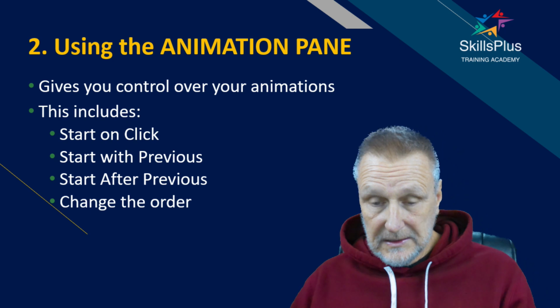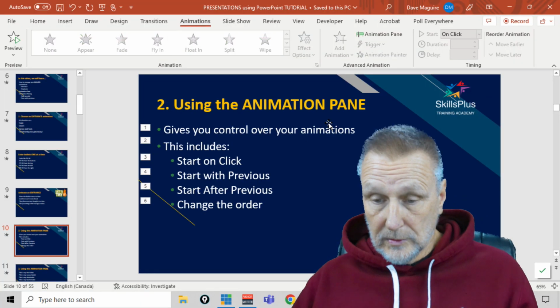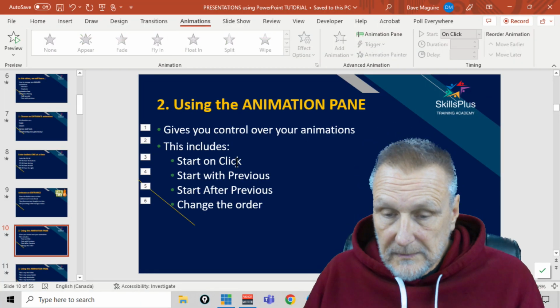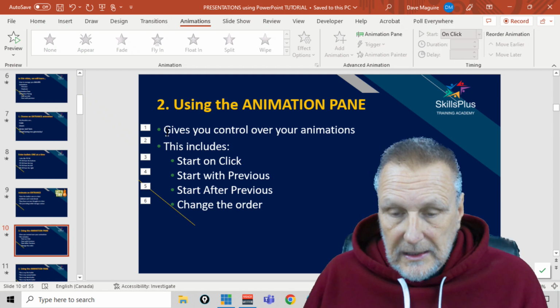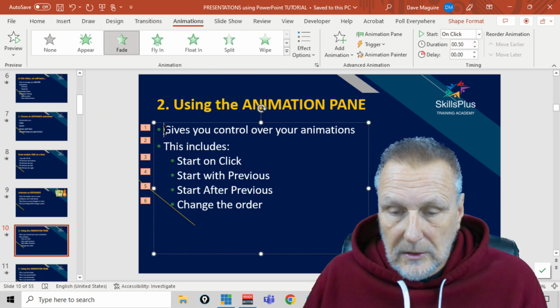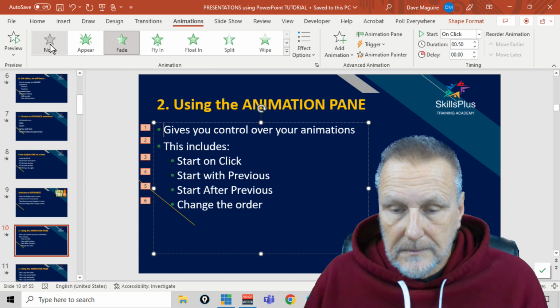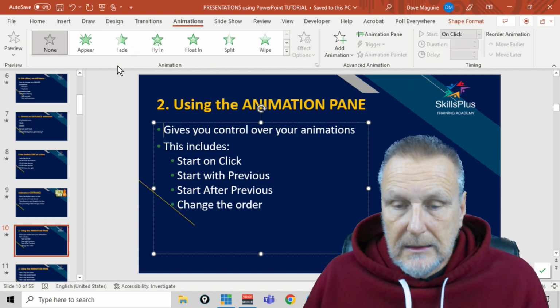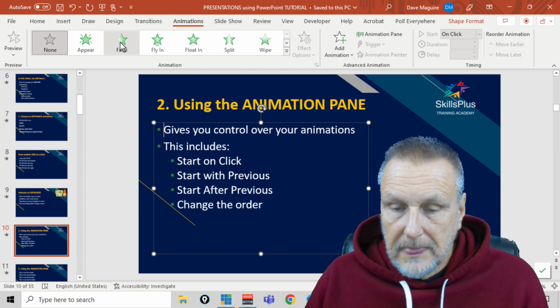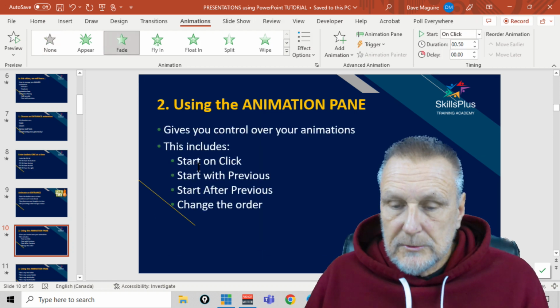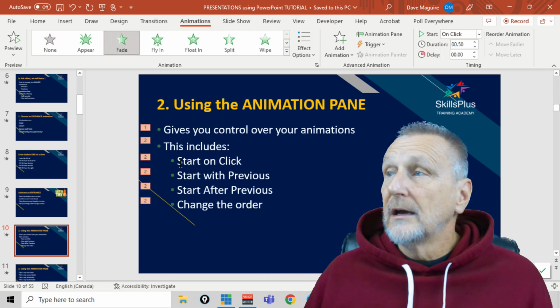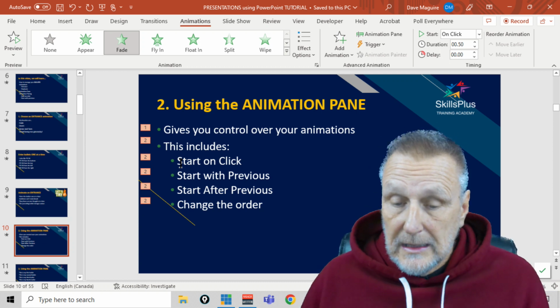So let me again leave my presentation and go to my workspace. So you'll see that I already have some animations here. I'll put it on none. And this time we'll add a fade. And you'll notice that some of these bullets are indented on another level.